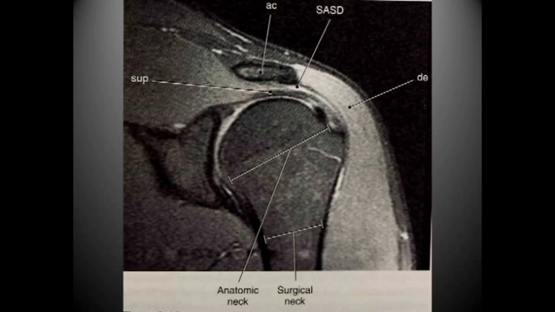Here we have the anatomic neck. We have the surgical neck being inferior. We have the greater tubercle, the scapula, the acromion, the deltoid muscle.